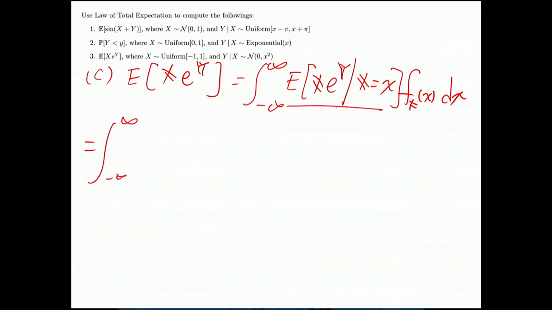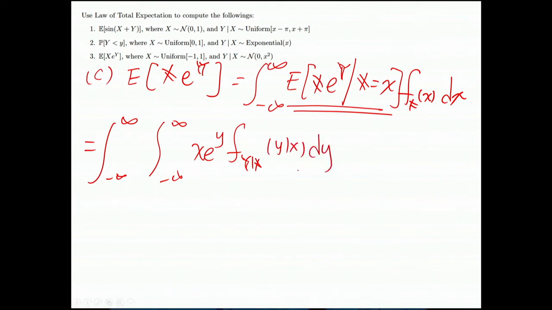And since y given x is a normal distribution, we have x e to the y given x dy, then times f x dx.